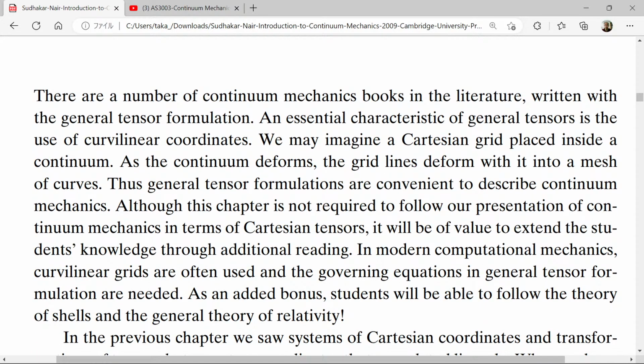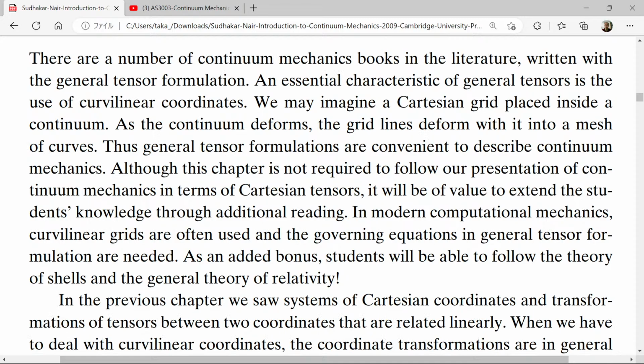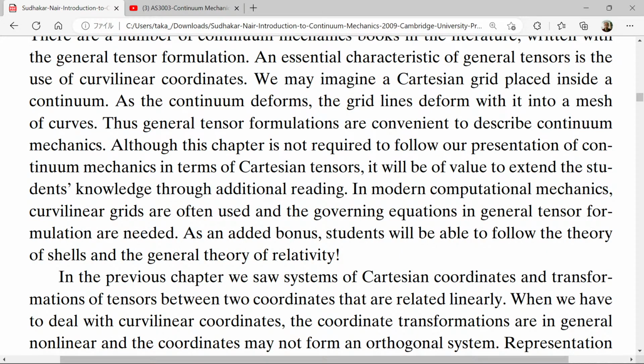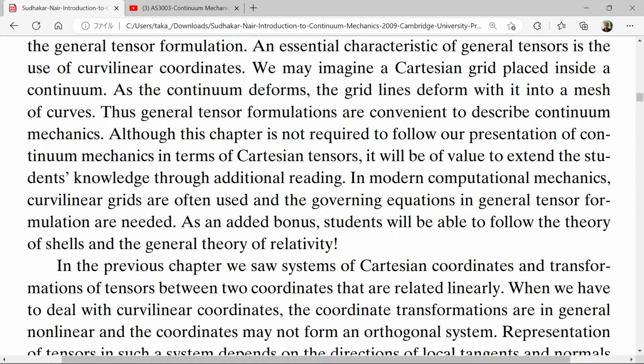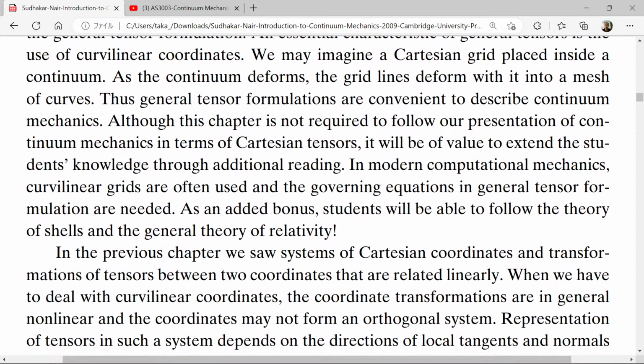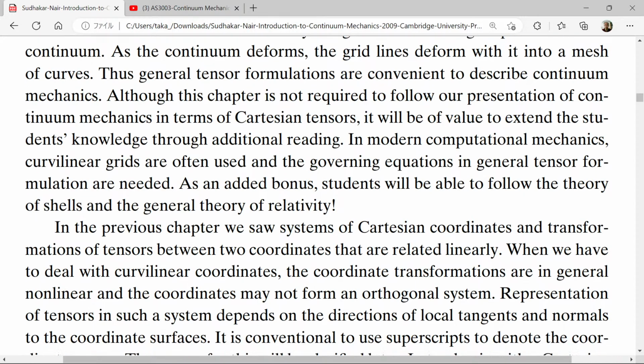There are a number of continuum mechanics books in the literature written with the general tensor formulation. An essential characteristic of general tensors is the use of curvilinear coordinates. We may imagine a Cartesian grid placed inside a continuum. As a continuum deforms, the grid lines deform with it into a mesh of curves.